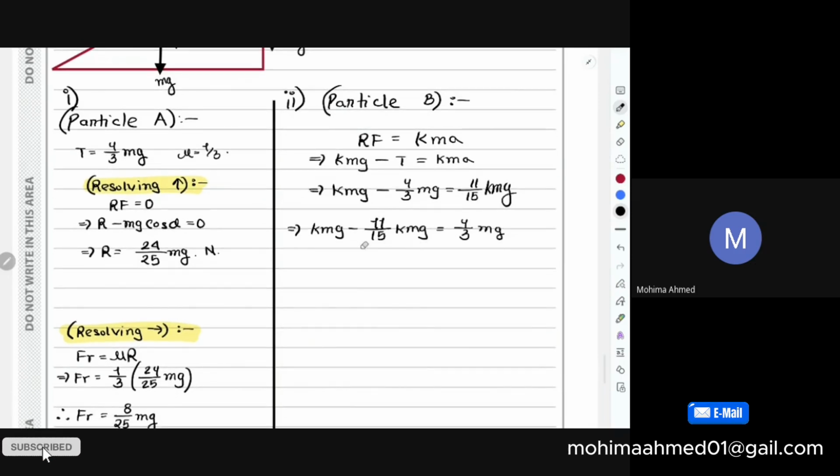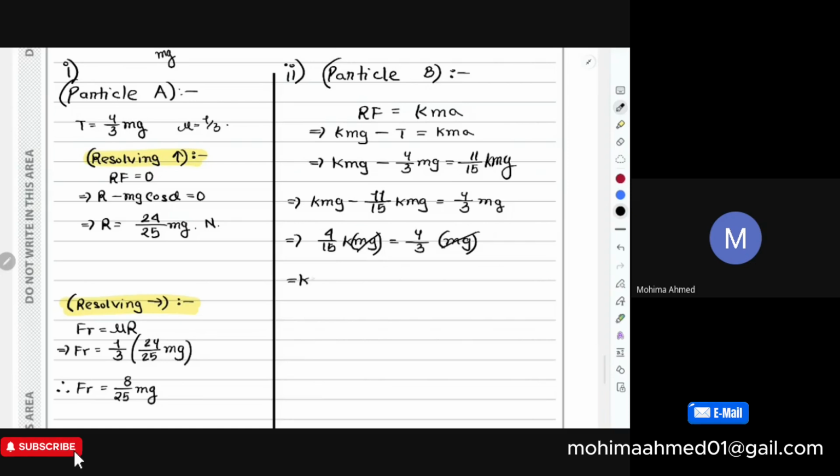I can just subtract them: 1 minus 11 by 15. We get 4 over 15 kmg and then 4 by 3 mg. So this mg and this part of the mg will cancel each other out.